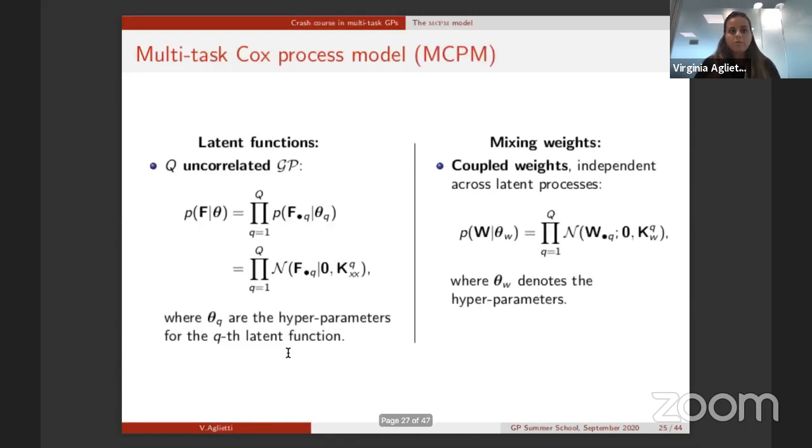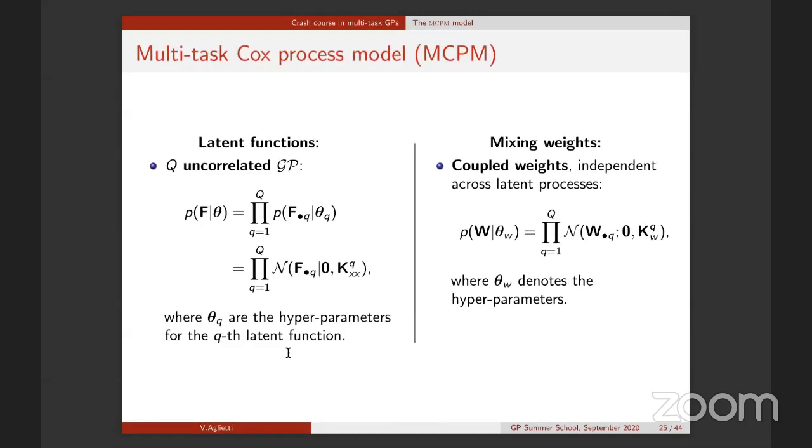In order to do that, we propose this model, which we call the multitask Cox process model, or MCPM. That is, again, one of the many alternatives that have been developed in the past years to deal with this type of data. Again, in this case, we have Q latent uncorrelated Gaussian processes, as in the ICM model.